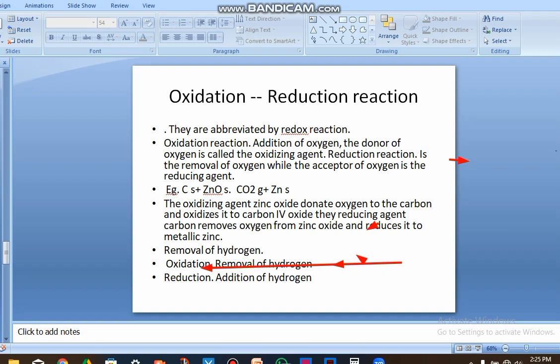Look at it. Oxidation, removal of hydrogen. Reduction, addition of hydrogen. Are you seeing it now? Oxidation, removal of what? Hydrogen, while reduction, addition of hydrogen. Let's continue.